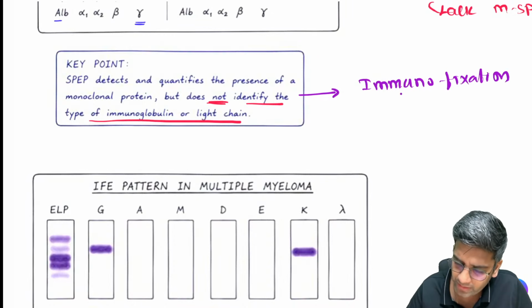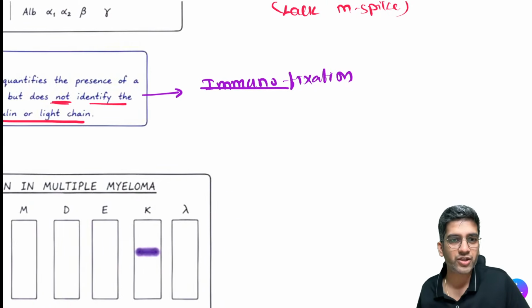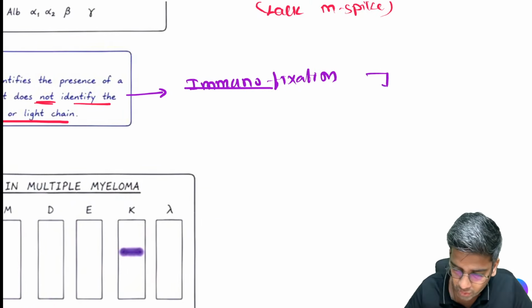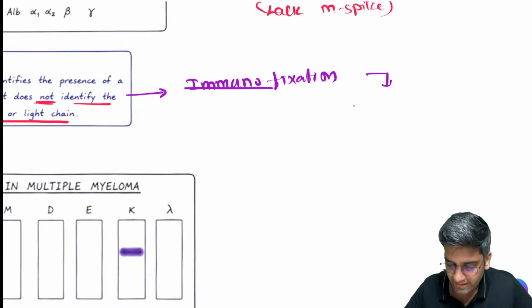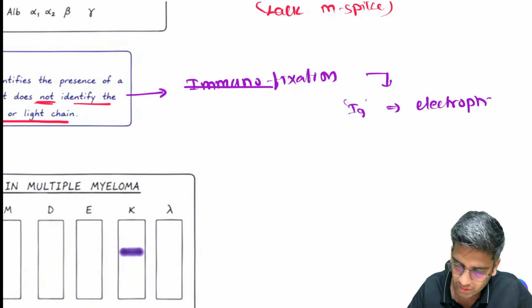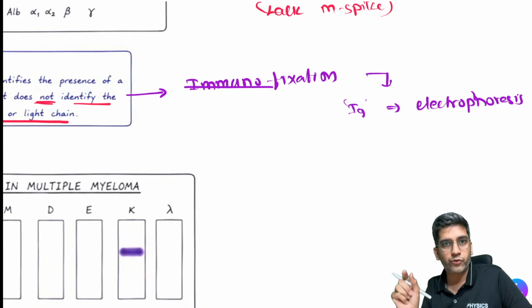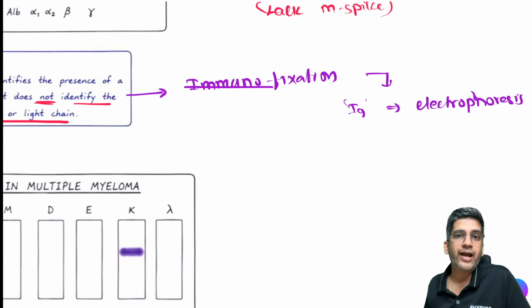As the term says, it is immunoglobulin fixation. We are going to rerun the gamma globulin alone. You take the immunoglobulin alone and do an electrophoresis again. That's all. It will exactly tell me what chain it is, both the heavy chain as well as the light chain, right?